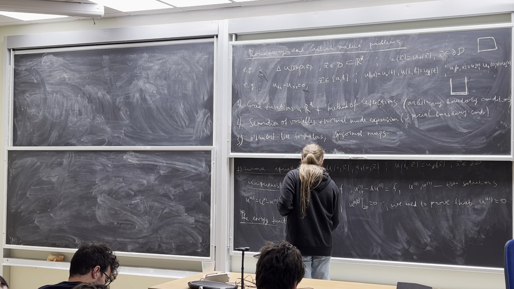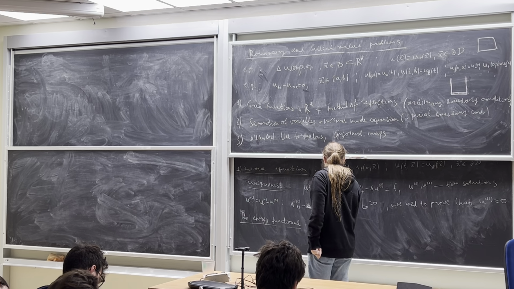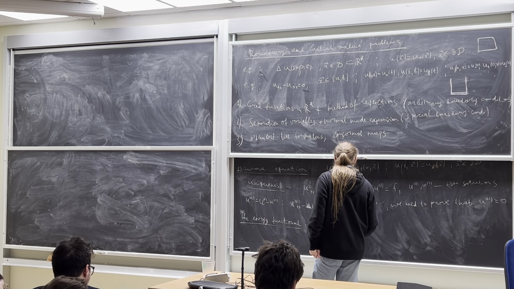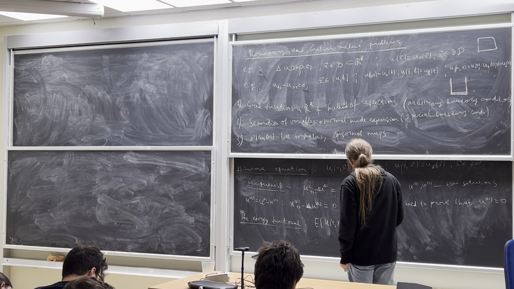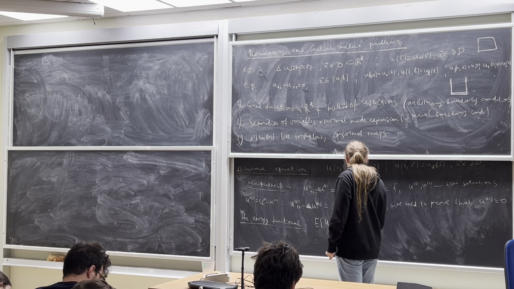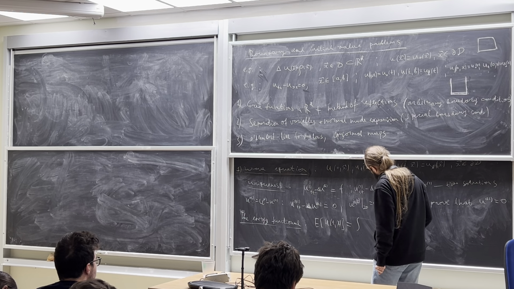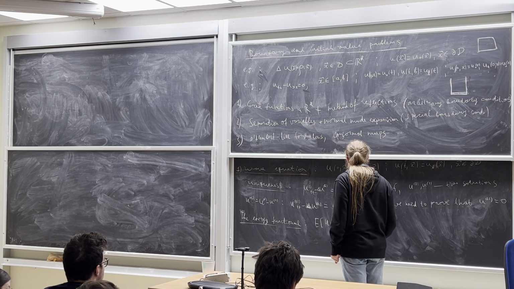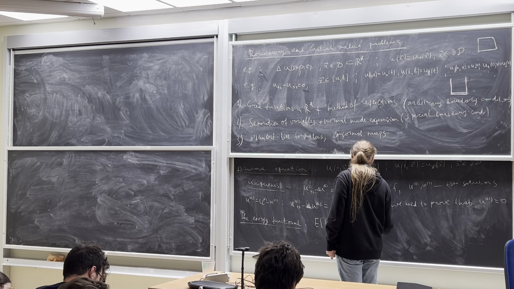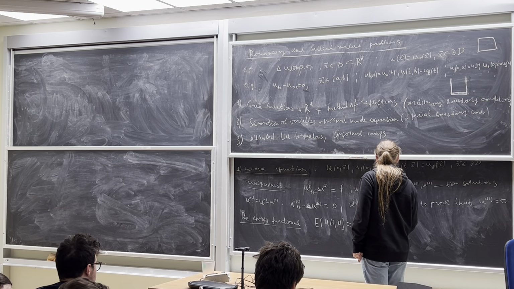This energy depends on u of t and x, and is the integral over D, dx, of the gradient of u squared.